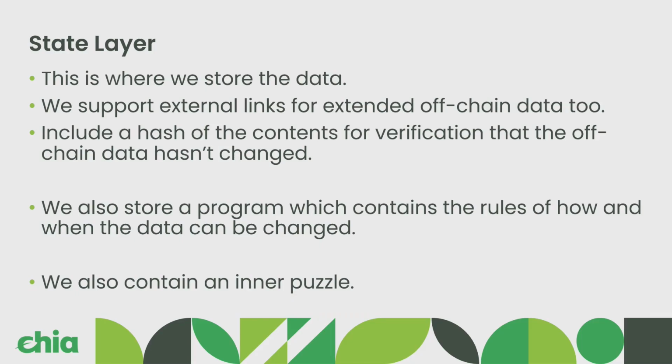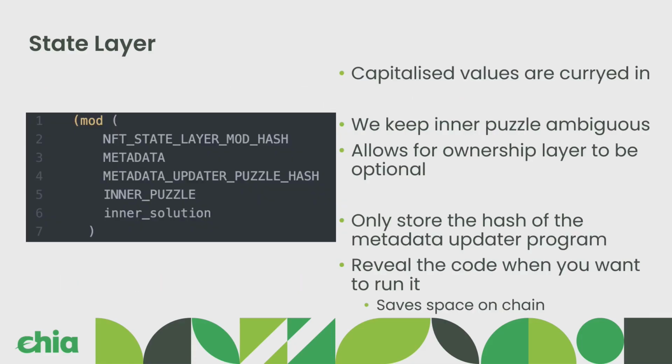The state layer. This is where we stored the data related to the NFT, for example, the link to the digital good. We can extend for off-chain data as well, and we use hashes to verify that the stuff you get is correct. We also have a program in the state layer called the metadata updater, which contains the rules relating to when data can be changed, because different people might have different opinions on how flexible they want the data to be.